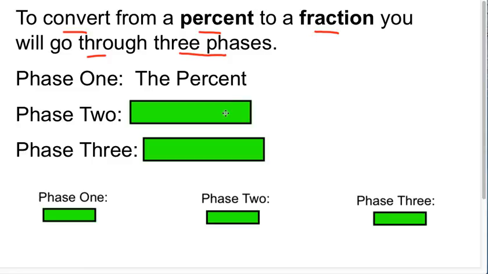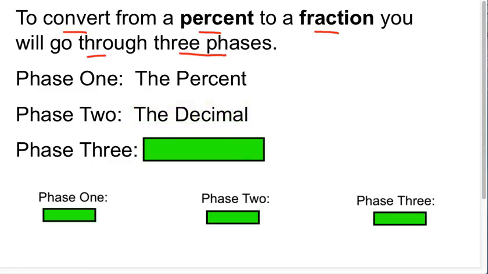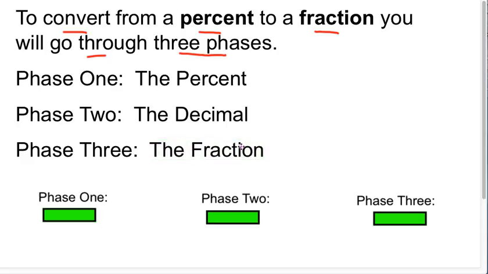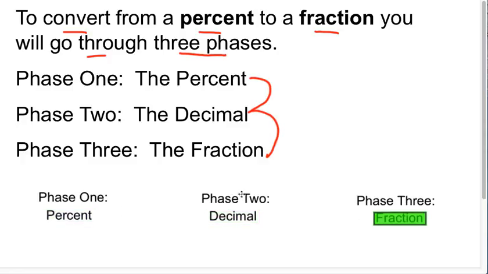So you'll go from the percent, rewrite it as a decimal, and then rewrite it as a fraction. I'll give you a little example here. We'll start with a pretty simple example, which would be 75%.